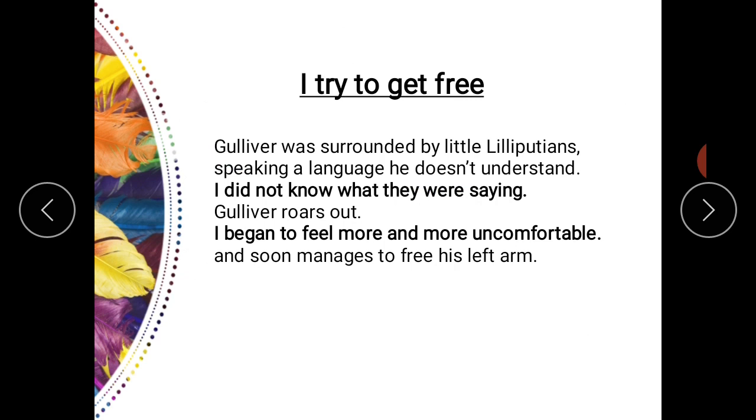Gulliver was surrounded by little Lilliputians, speaking a language he doesn't understand. See, children, those little people who fell down from his body soon came back to him. One of them came very close to have a clear look at Gulliver.